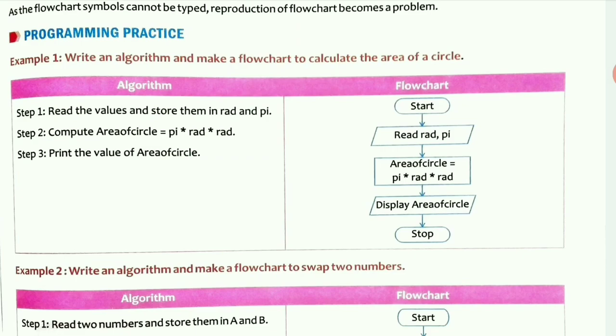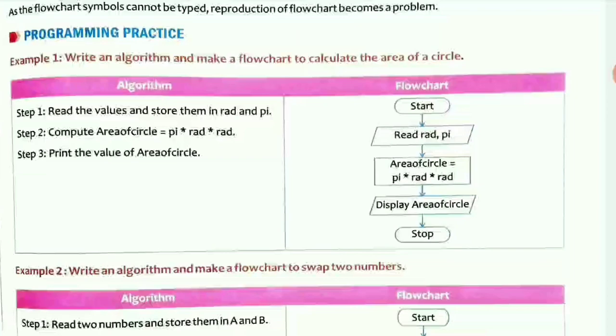To calculate the area of a circle, as you know, the formula for the area of a circle is pi r square, means area equal to pi into r into r. The first step for the algorithm will be read the values and store them in RAD and pi. Here we are using two variables, RAD for the radius and pi for the value of pi, that is 3.14.